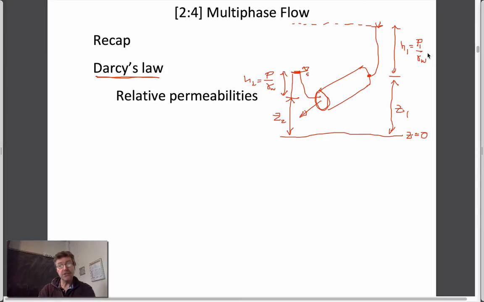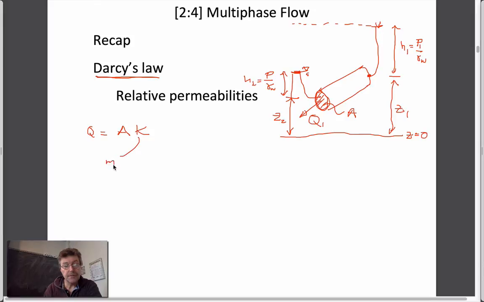And Darcy's law was merely to say that the volumetric flow rate, Q1, you could write as the cross-sectional area of this flow, which we'll call A, times hydraulic conductivity.